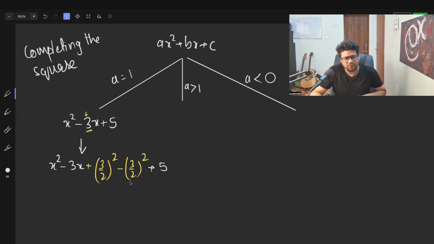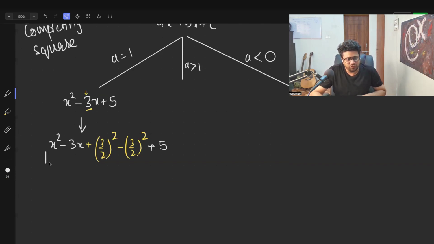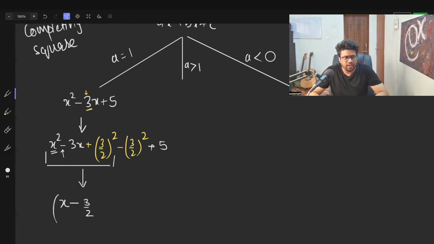Now, these two terms were added by you. What happens next is you reduce the first three terms to a square. They're going to be x, that's the first term, and because there's a negative in there, you're going to add a negative here. There's a 3 by 2 in here. You write 3 by 2 and then close the brackets, squared. These three terms reduce to this perfect square.